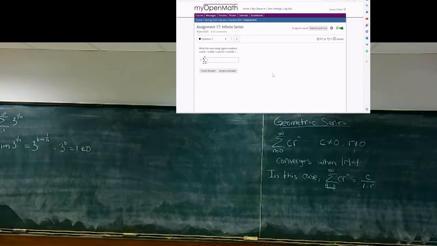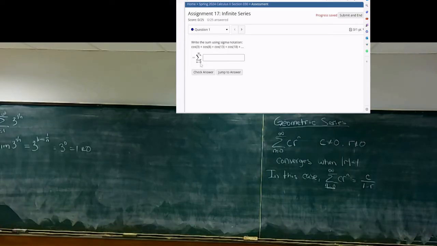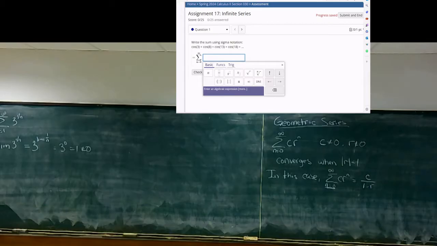So write this in summation notation. And keep in mind, they're giving you a starting value of n equals 0. Well, we know it's going to be cosine of something, right? Let's start with that.